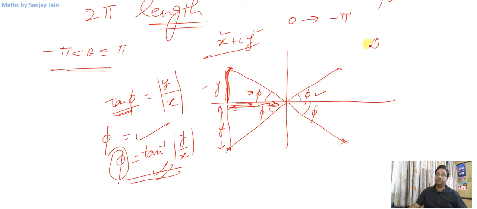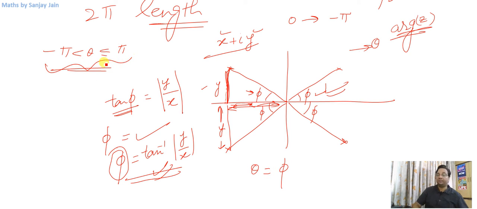Let me talk about the principal value of the argument of this complex number z, and I am calling it theta. When it is in the first quadrant, theta will be equal to phi. I want my theta to be between minus pi and pi. So let us look at it. If it is in the first quadrant, I'll simply call it phi. If it is in the second quadrant, I'll call it pi minus phi.